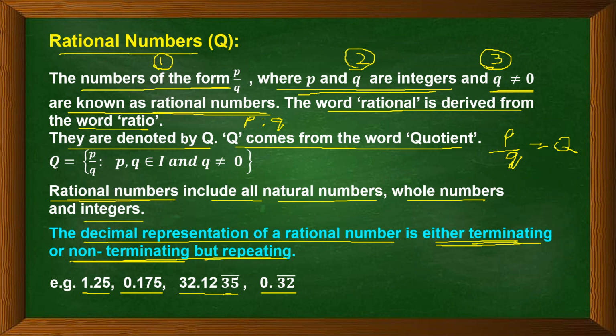Similarly 0.32 bar, if you expand it, it will actually be 0.32, 32, 32 and so on. That means 32 is repeating after the decimal. So whichever numbers are repeating, we put them under the bar. That's why we say 0.32 bar, right? So these are rational numbers.